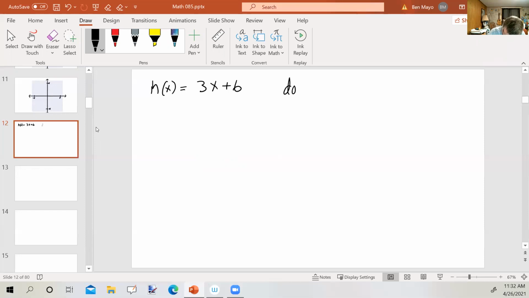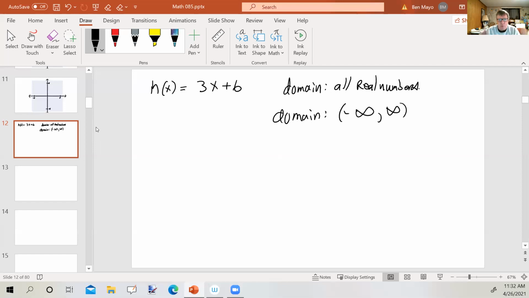So the domain is going to be all real numbers. Now, writing that in interval notation, it would go from negative infinity to positive infinity, parentheses on each end to show that we don't include negative or positive infinity because there isn't an exact endpoint. That's just a concept of forever in both directions, okay?